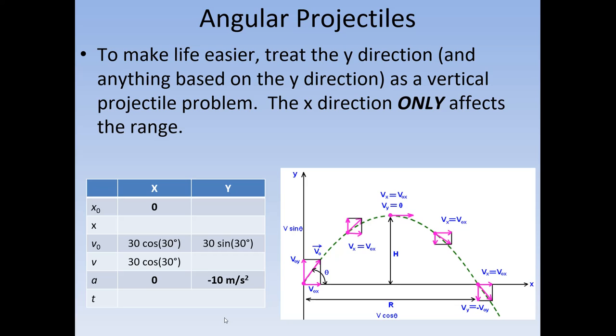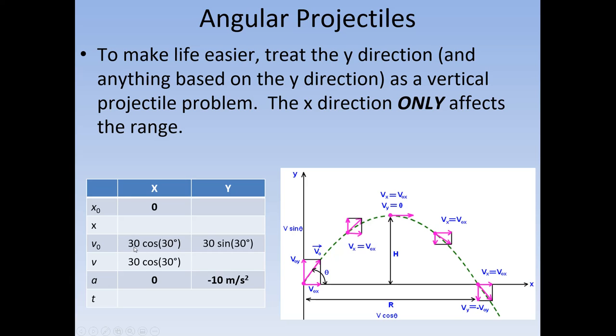The x direction honestly doesn't really get used. Just like with the horizontal projectile, it is extremely finicky. So the only time you can ever do anything with the x is if you're really only missing one piece. Since x naught and a are always given and the final velocity doesn't really matter, the three pieces we have to worry about are the final position, the initial velocity, and time.